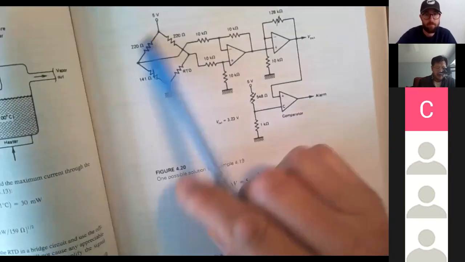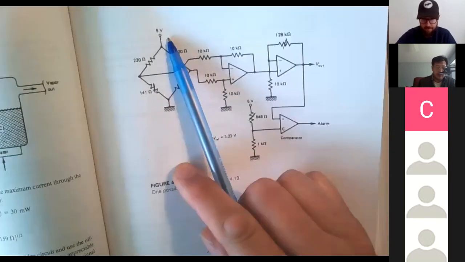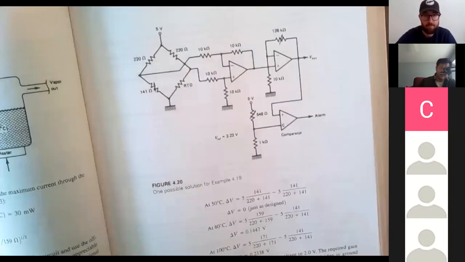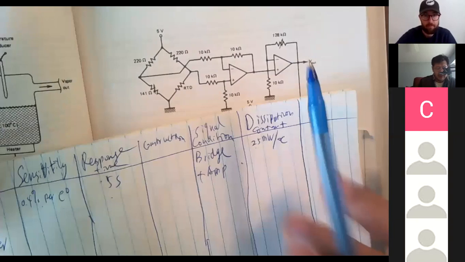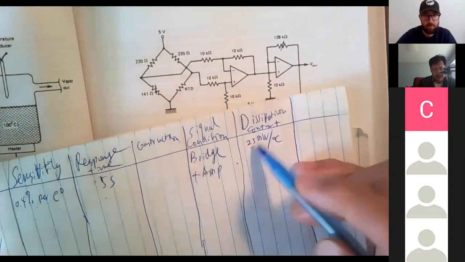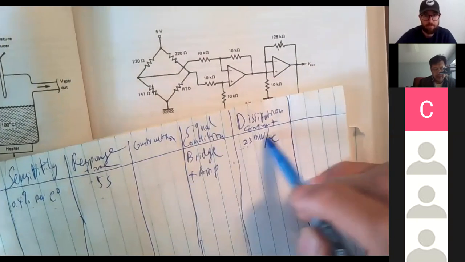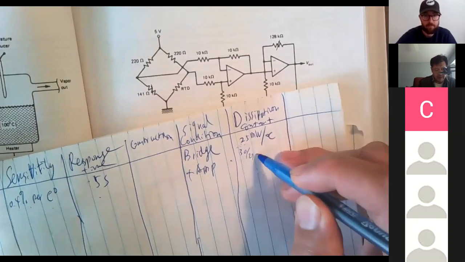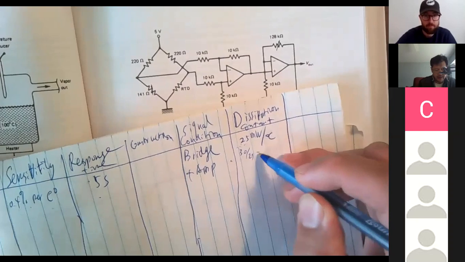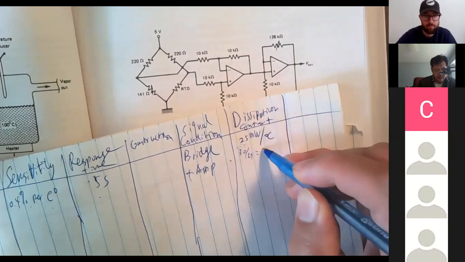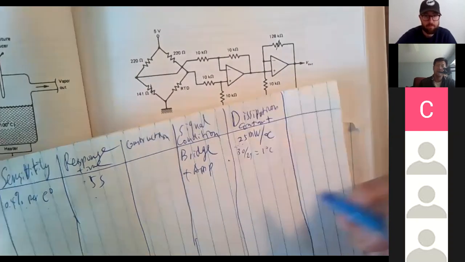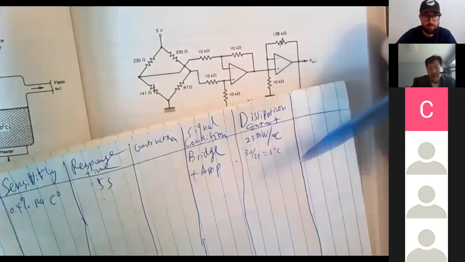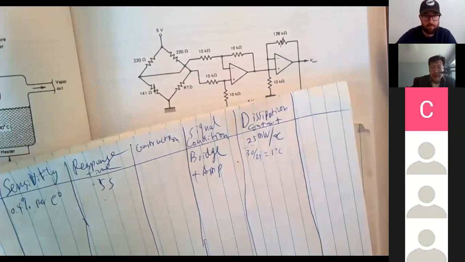So suppose with a 5 volt battery, 30 milliwatts will be consumed here. If we have 30 milliwatts, the dissipation constant is 25. So it will be 30 divided by 25 equal to 1 degree, almost 1 degree. So the sensor will be 1 degree hotter than the environment it's trying to measure.